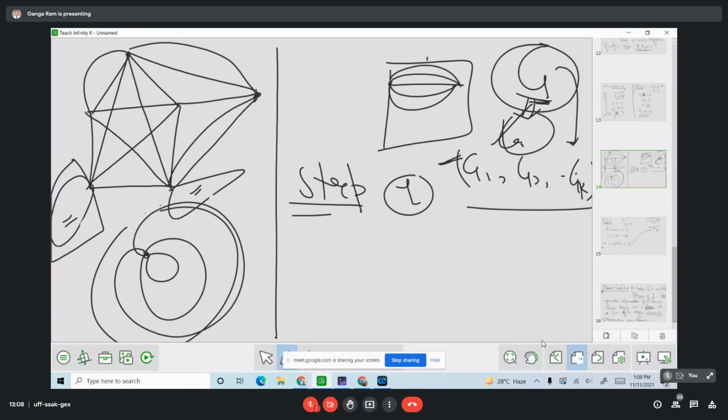If each component is a planar graph, then we can say our main graph is a planar graph. Clear? So if a graph is disconnected, then we will check the planarity of that graph by checking the planarity of its components.